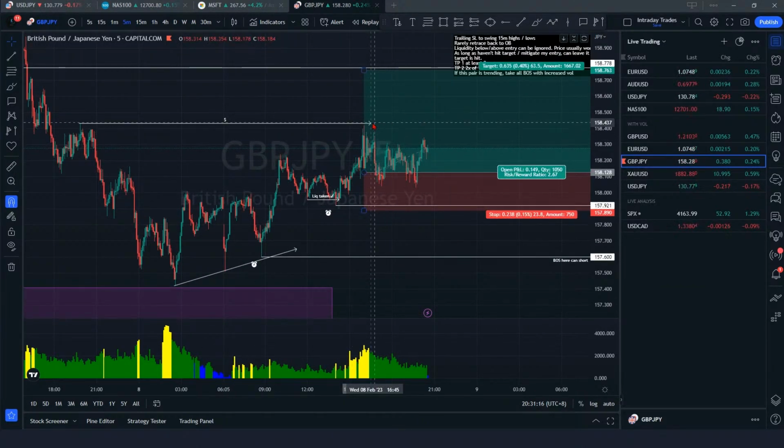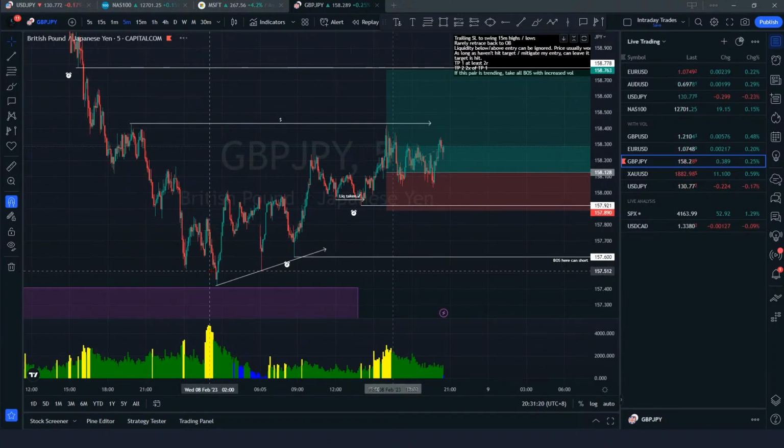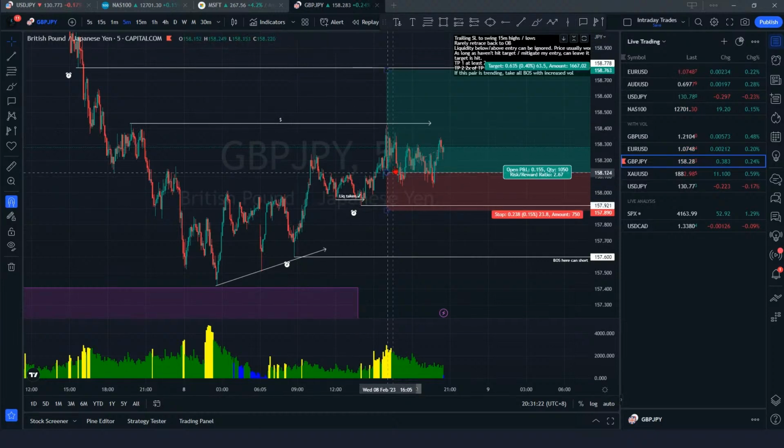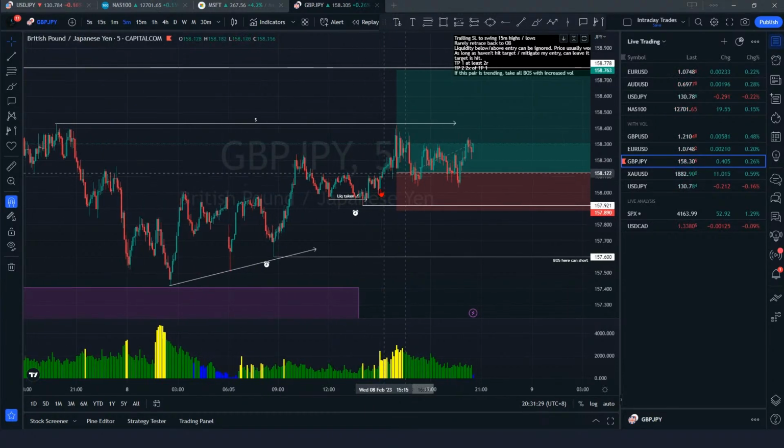So the reason why I took this trade was price is of course on an uptrend. We created relatively equal highs over here, and volume was increasing on the break.